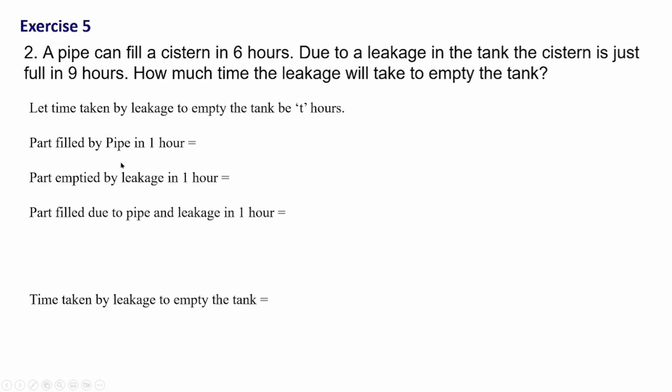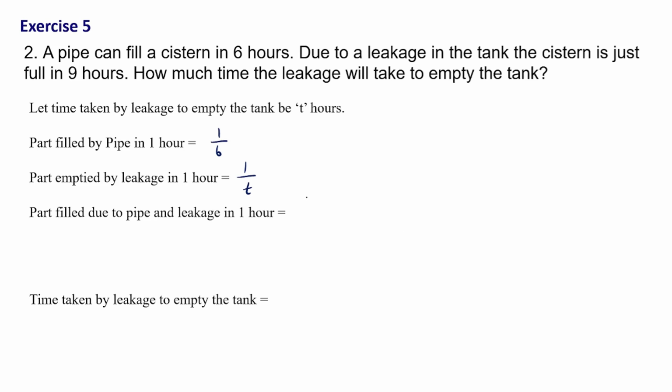So part filled by the pipe in 1 hour will be 1 by 6. And then the part emptied by leakage in 1 hour is 1 by T. Now the part of the tank which is filled because of the pipe and leakage in 1 hour is 1 by 9, because here it is given that because of the leakage, the cistern is full in 9 hours.